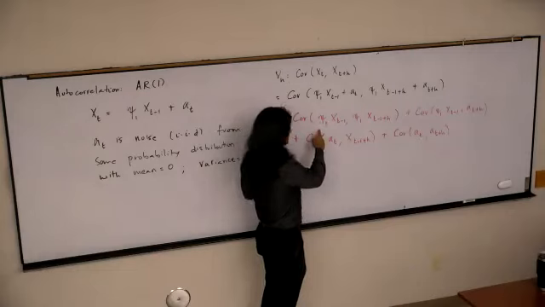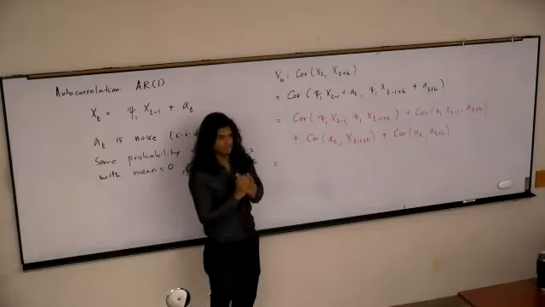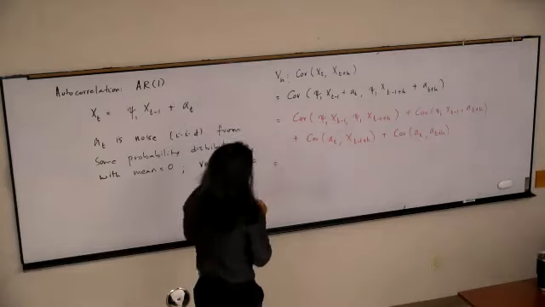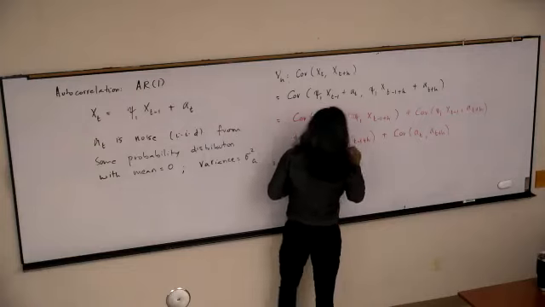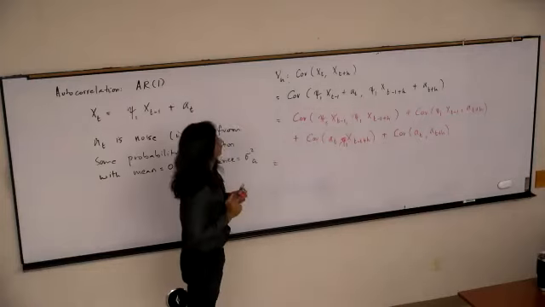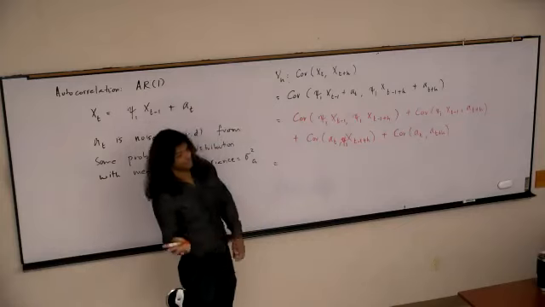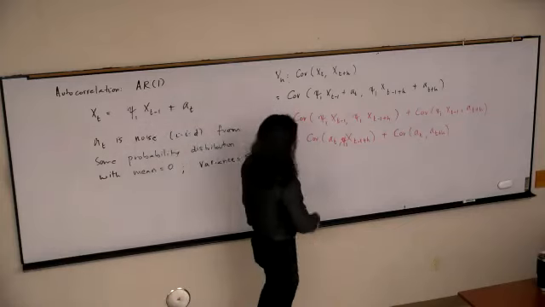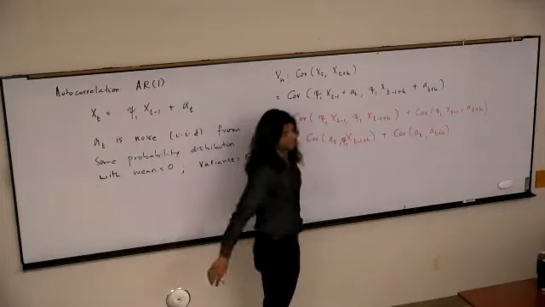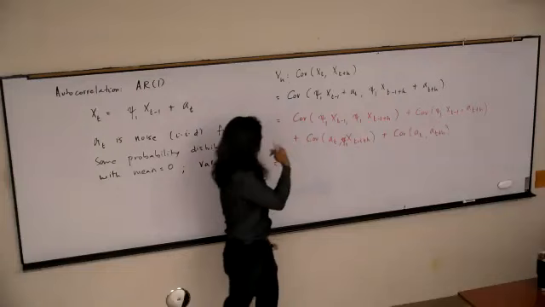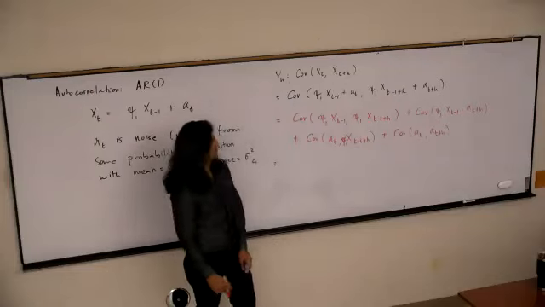Psi 1 is a constant, psi 1 is also a constant, yes. Should there be a psi 1 in front of the xt minus 1? Yes, there should be. It wouldn't matter at all, but you are correct. Okay, psi 1 is a constant there, psi 1 is a constant there as well. So what would happen? 0.